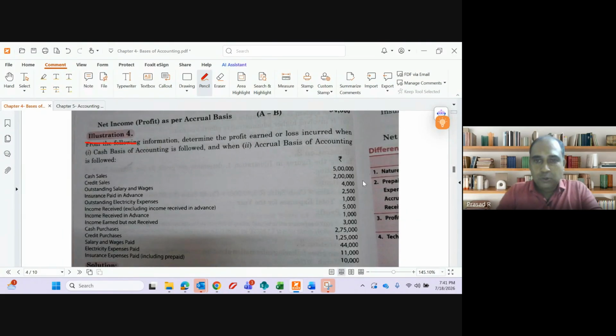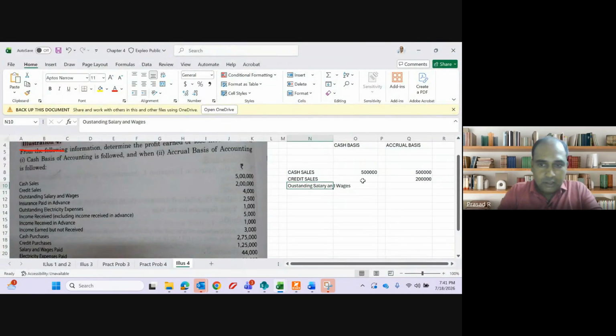So outstanding salary and wages. What we have to do? First, we have to find out salary and wages. In that we have to add outstanding salary.